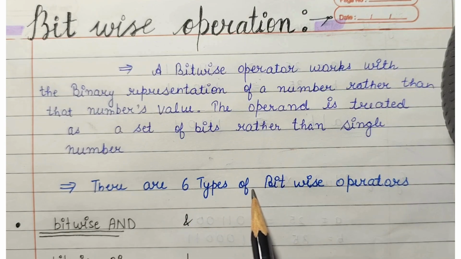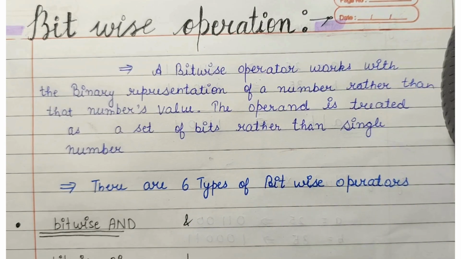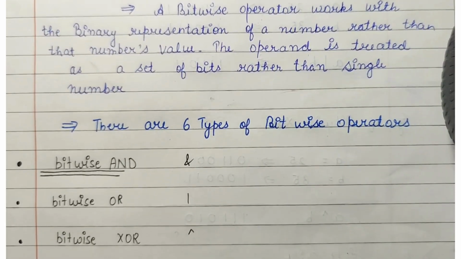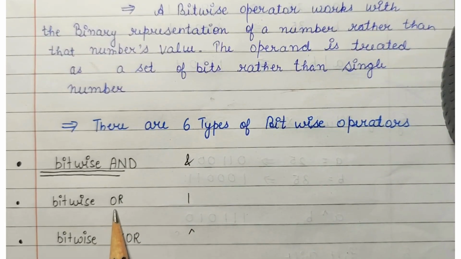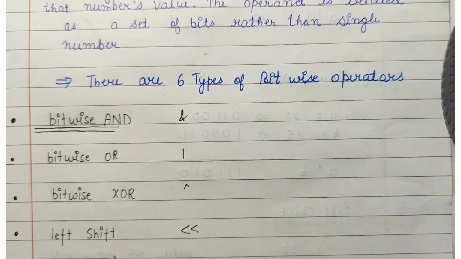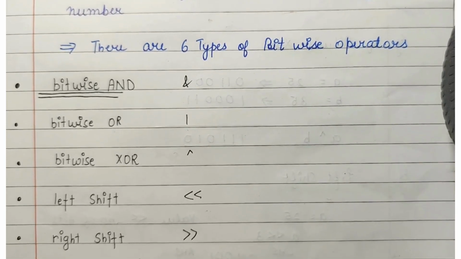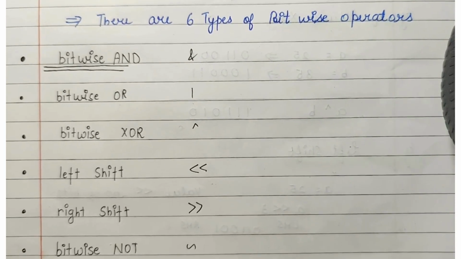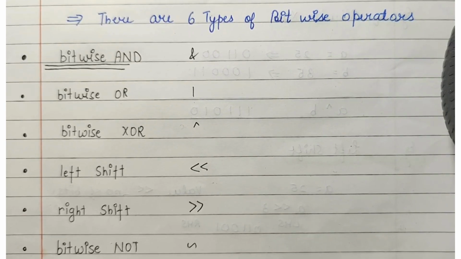Basically we have 6 types of bitwise operators. First one is bitwise AND, second one is bitwise OR, then bitwise XOR, then we have left shift, then right shift, then bitwise NOT.